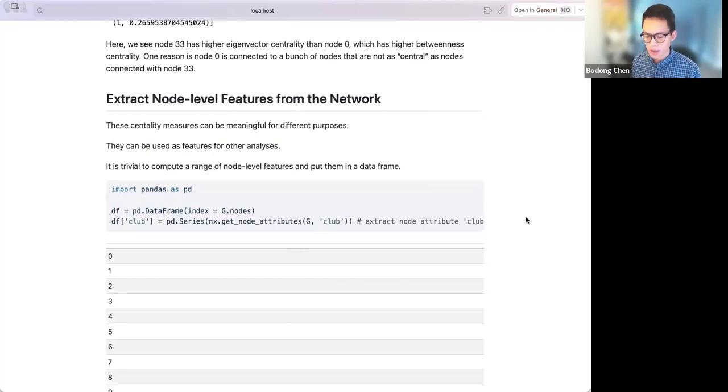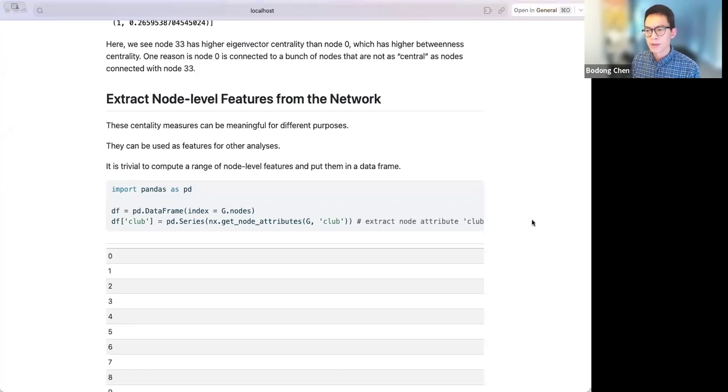For example, you're trying to cluster students in a specific situation, such as a discussion forum space, or you're trying to build predictive analytics. You're trying to predict whether a student will drop out. There might be some measures of centrality that can help you engineer new features to help with the predictive analytics.